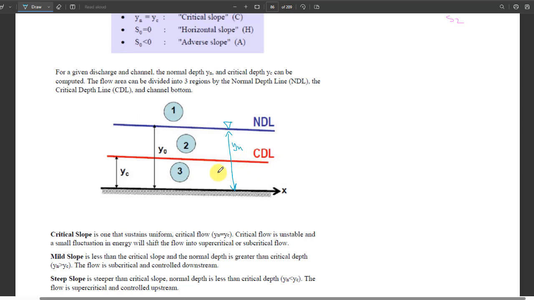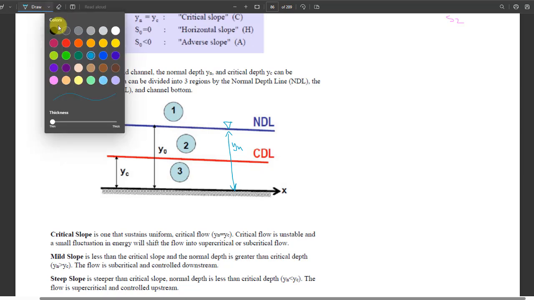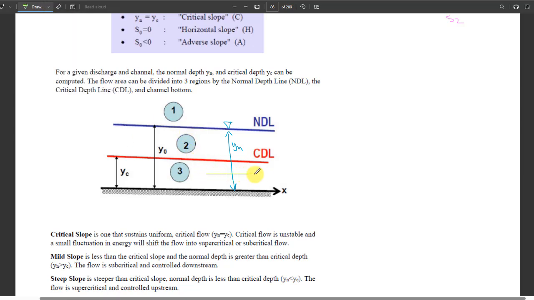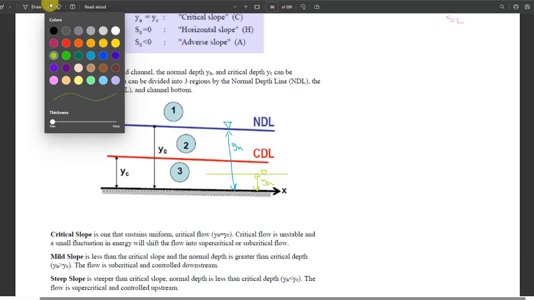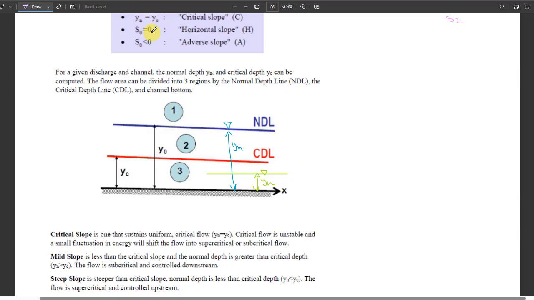So if yn here is above the critical, this sketch is for a subcritical flow, isn't it? Subcritical flow, because we draw the yn greater than critical. If it was drawn like this, the yn means it is a steep slope, which is a supercritical flow.